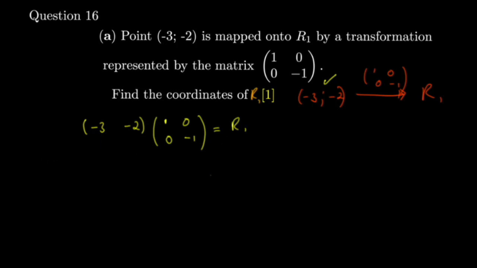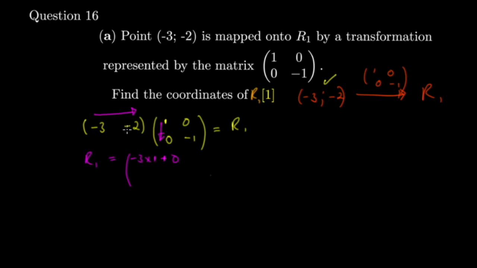When you're multiplying matrices, you do row by column. So R1 is equal to here. What you do is you say negative 3 multiplied by 1 plus 0.